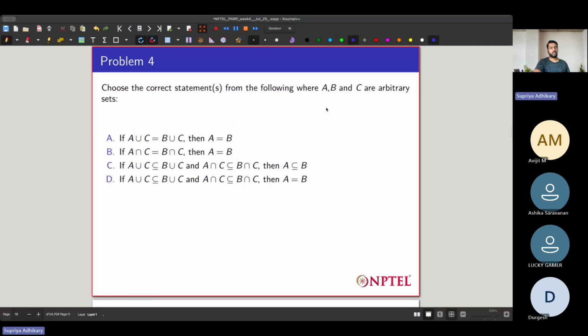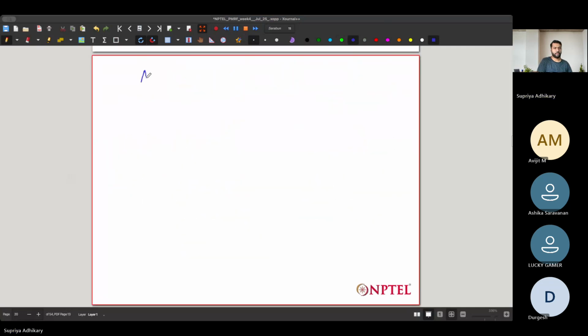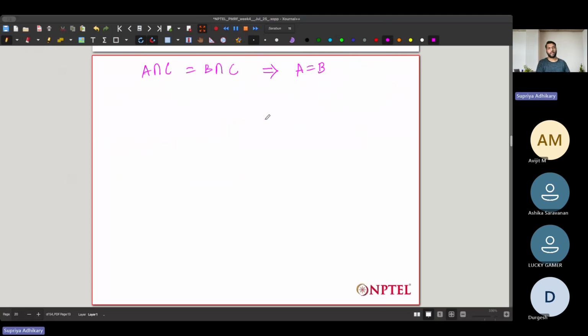The second statement is about intersection. We have to either prove or disprove that A intersection C equal to B intersection C implies A is equal to B. Again, this is false, and we can show it by example.